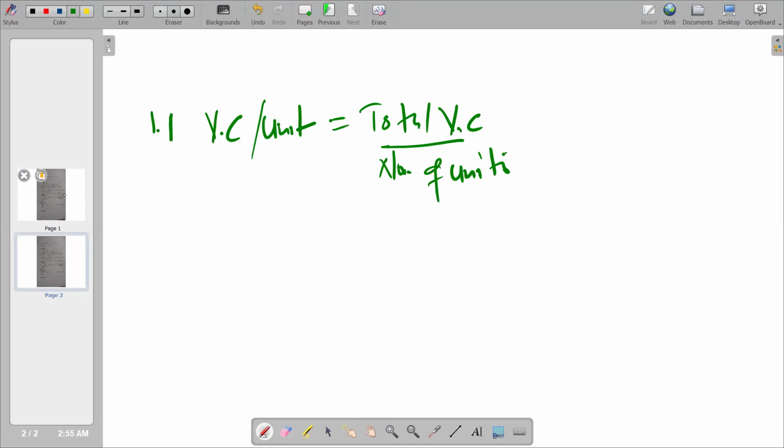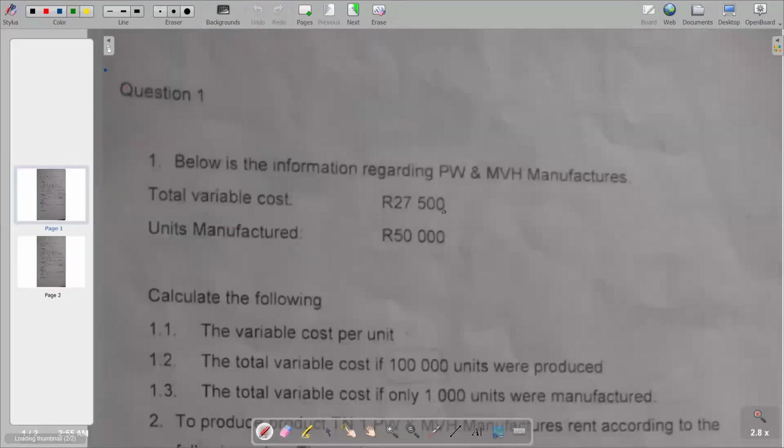Our total variable cost is given as 27,500, and units manufactured is 50,000. We can just remove the sign of currency that we have there. It's supposed to be 50,000 units manufactured. So we divide by 50,000.